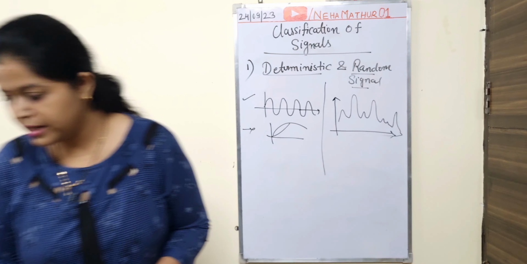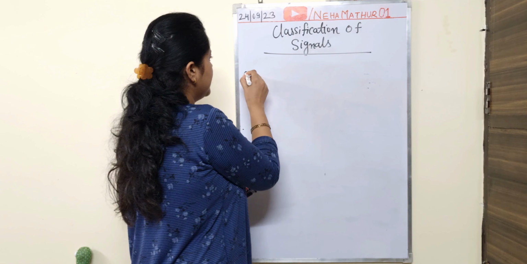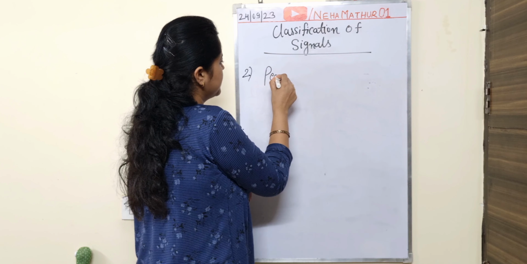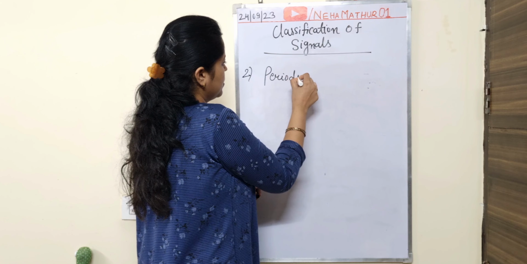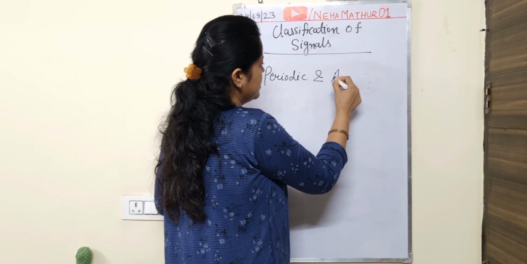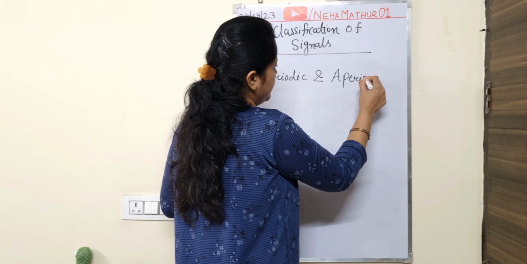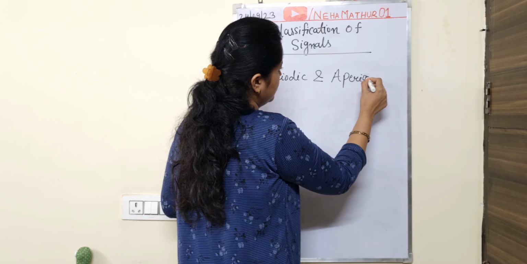Now come to the next category. The second category is periodic and aperiodic signal. As the name indicates, again, periodic and aperiodic are opposite to each other.